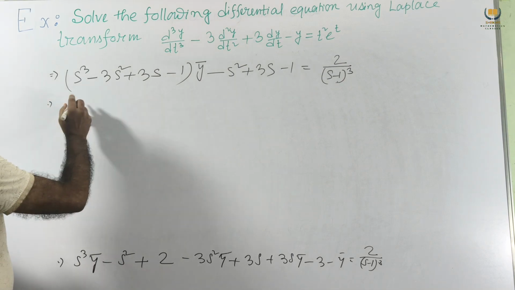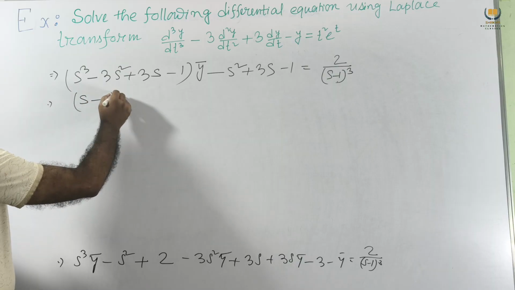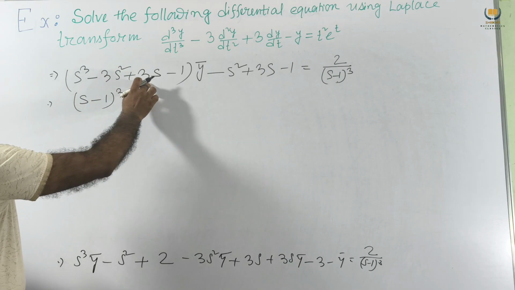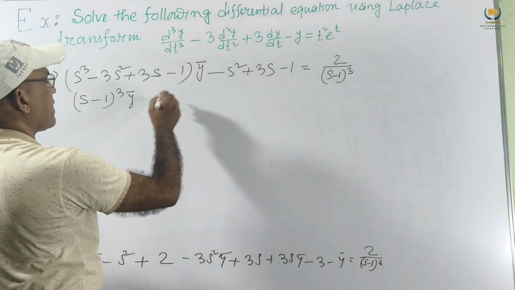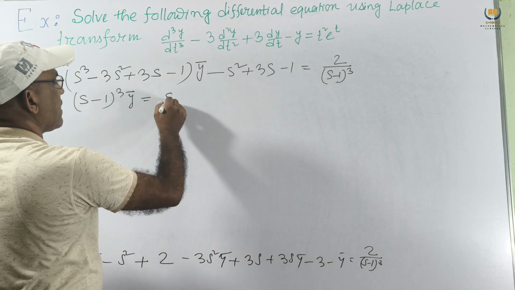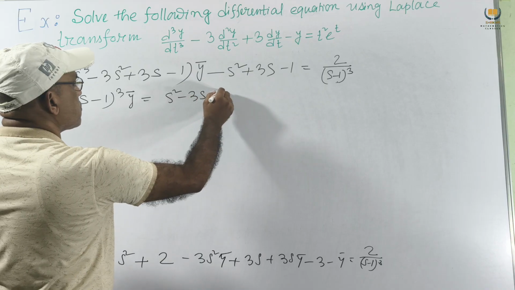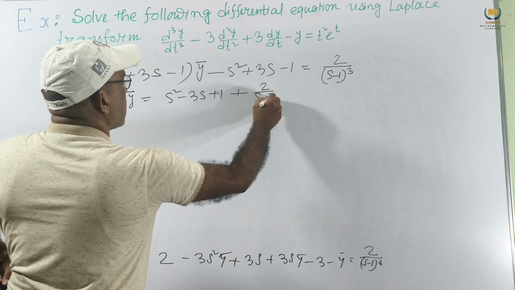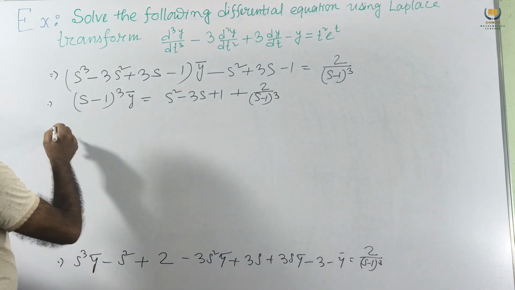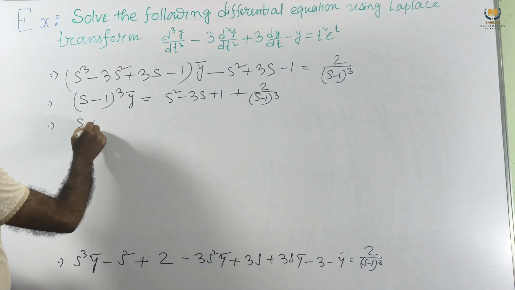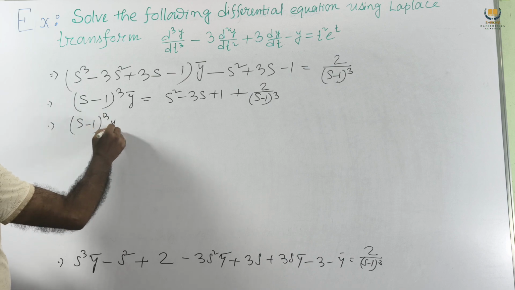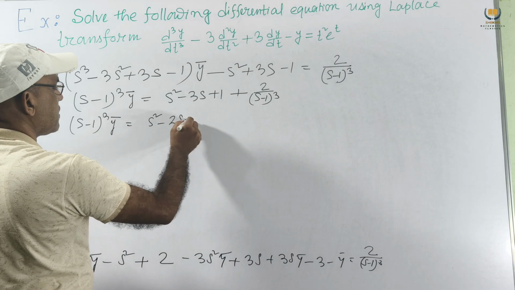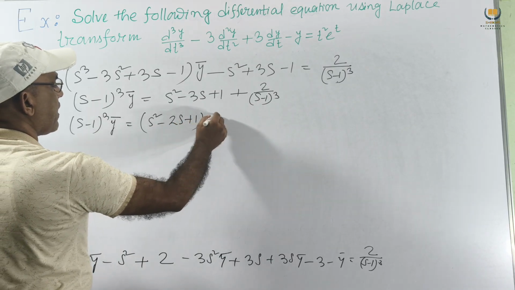So this will be (s minus 1)³ ȳ, this is a³ minus 3a²b plus 3ab² minus b³. Taking the right hand side, s² minus 3s plus 1, plus 2 by (s minus 1)³. And (s minus 1)³ ȳ equals s² minus 2s plus 1 minus s.